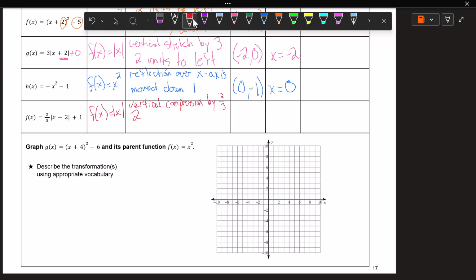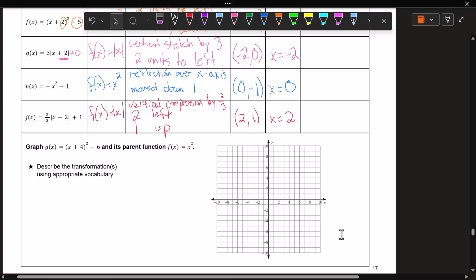That negative 2 inside the absolute value means we move 2 to the right, and the 1 chilling behind it just means we go 1 up. So our vertex is 2, 1, and x equals 2 is our axis of symmetry.